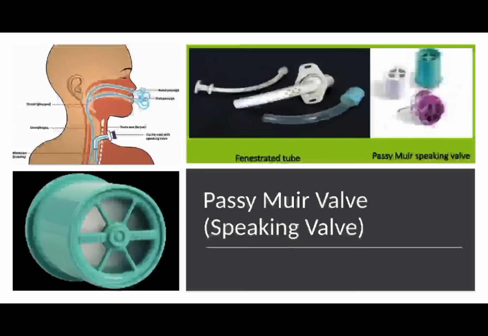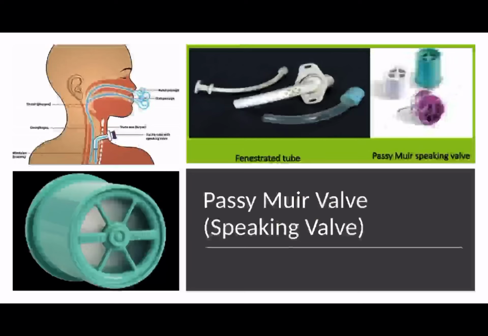So you cap the tracheostomy outside with this Passy Muir valve. When the patient breathes in, the air will rush in through the Passy Muir valve, through the tracheostomy and into the lungs. And this is the clever part of it. When the patient tries to breathe out, this diaphragm pushes against the Passy Muir and therefore stops the patient from breathing out through the tracheostomy.